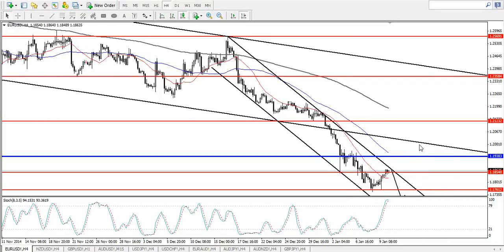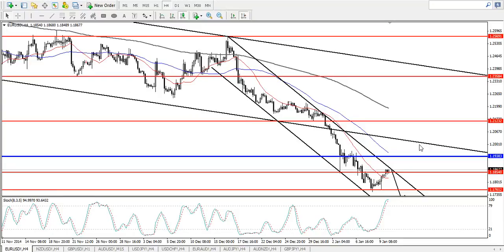Alright, so these are the first three levels that we're going to look at for a short opportunity, because there might be a major retracement coming along the way, due to falling average hourly wages for the US, which may dampen the bets for an early interest rate hike, and therefore the dollar might weaken for this period of time.